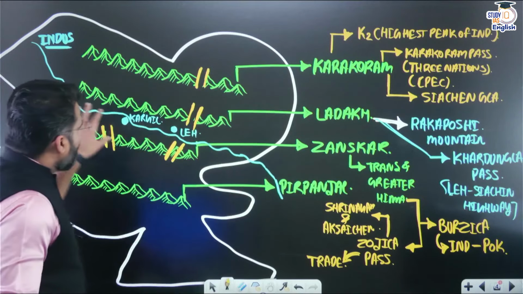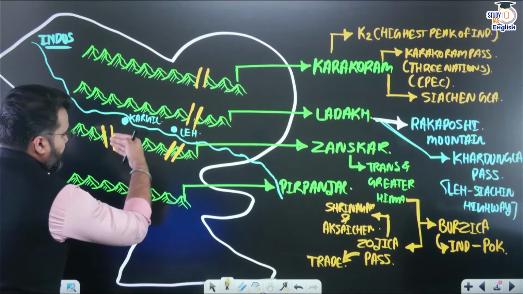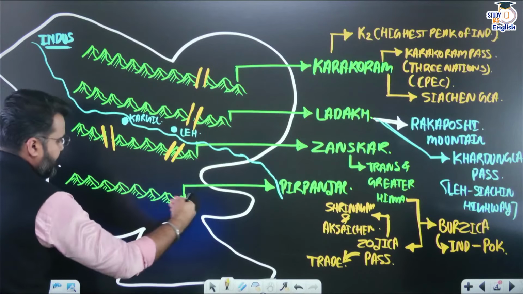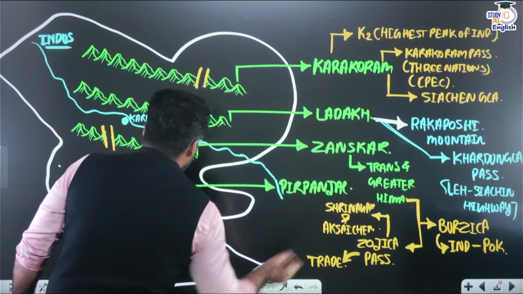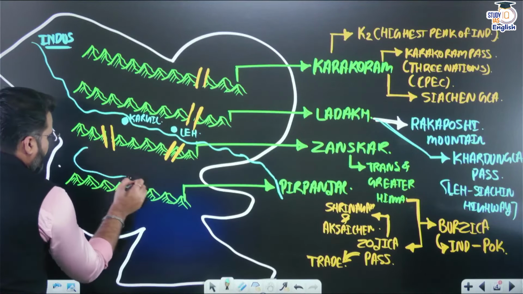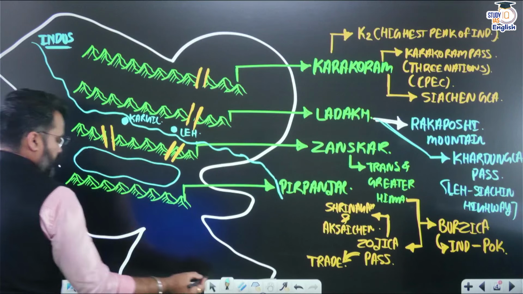Fine. Now in this section, this side is the Zaskar range and this side is the Pir Panjal range. Make sure the middle portion between these two is called Kashmir Valley. This is a very sensitive area.